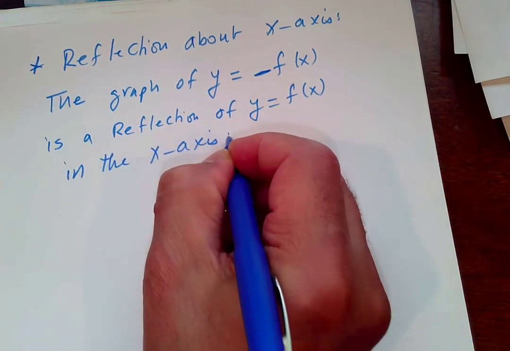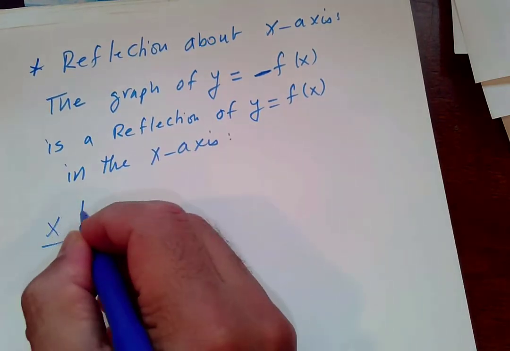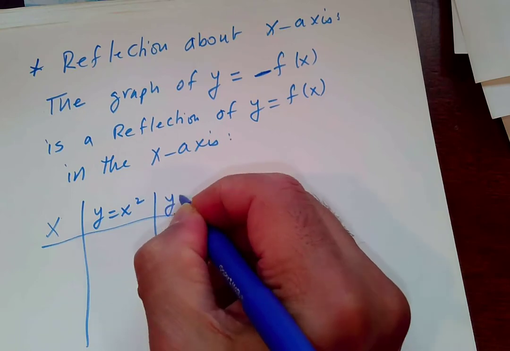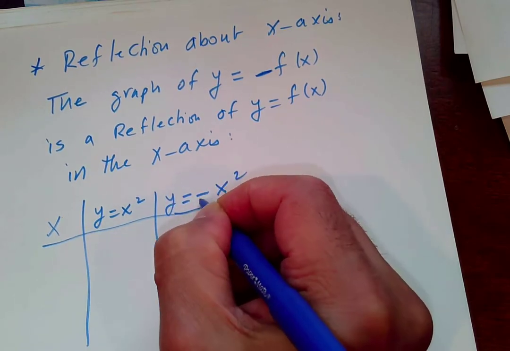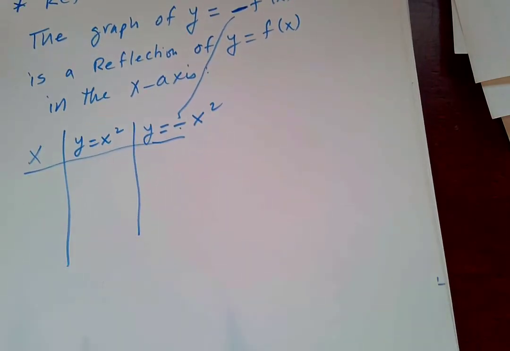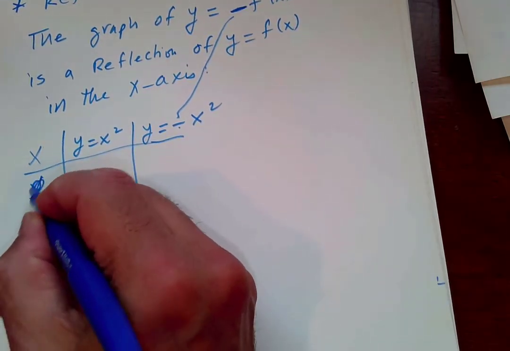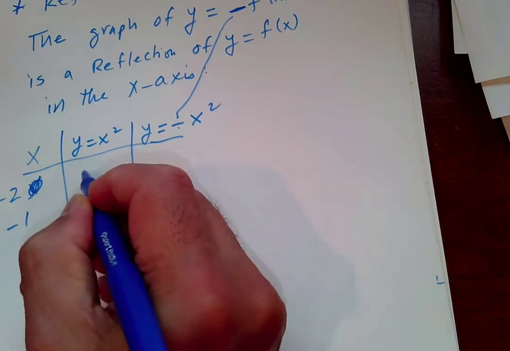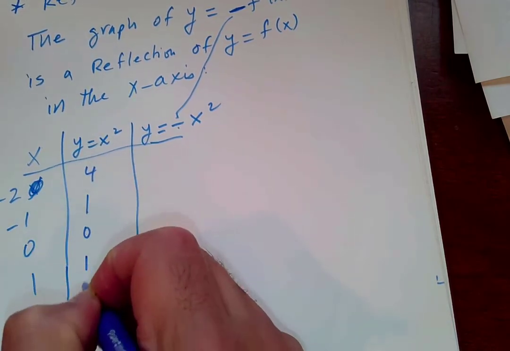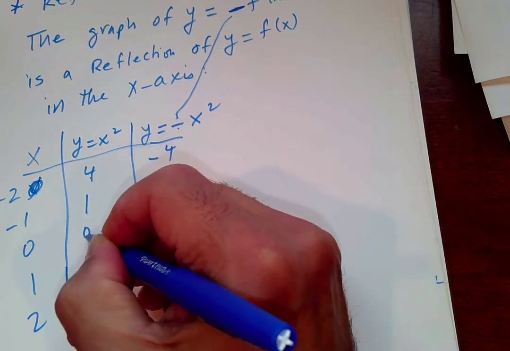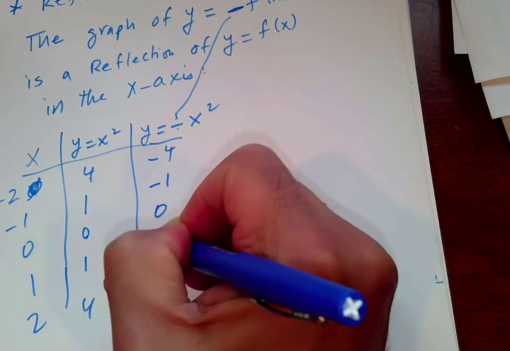Why is that? Again, let's look at the chart. Y equals x squared, that's your basic graph, and y equals negative x squared. So you have a negative in front of f of x, okay? So when it was x squared, if you plug these values, again, we already did that twice. When you have a negative there, it's going to make the 4 negative, the 1 negative, 0 is going to stay 0, and then negative, negative.